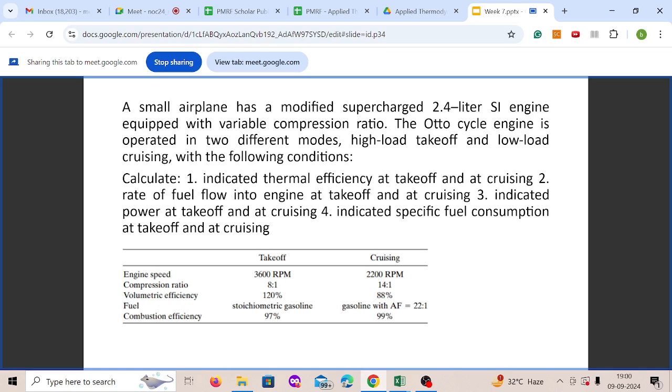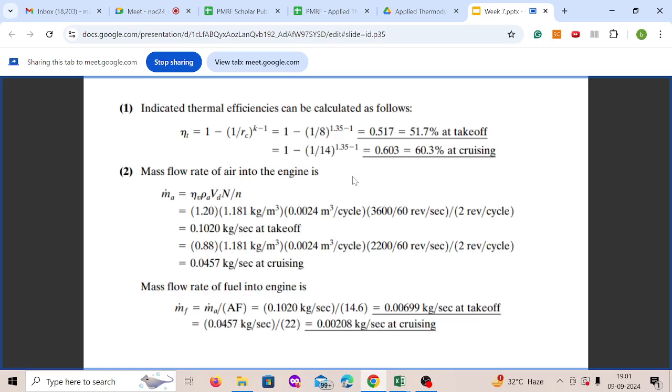Volumetric efficiency is given as 120% during takeoff and 88% in cruising. Fuel is at stoichiometric ratio during takeoff, and in cruising the air fuel ratio is 22:1. Combustion efficiency is given as 97% during takeoff and 99% during cruising. So with this we will see how to calculate.